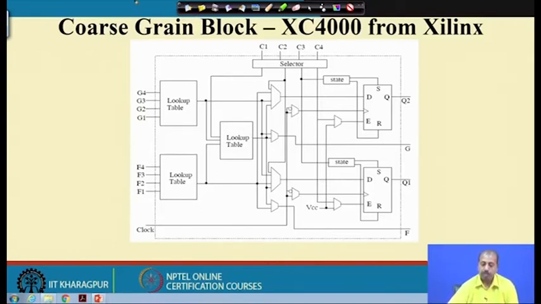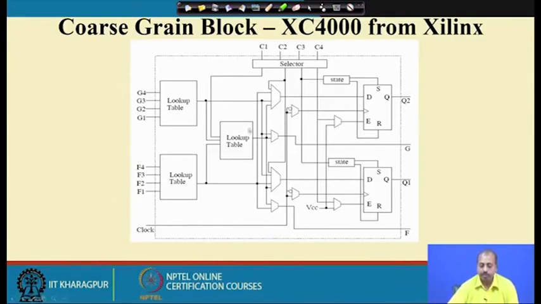Okay. So, after the basic combinational logic function that we can have, we see that there are other elements. For example, there is a multiplexer here, and from this multiplexer you can either pass one of these lines through, or you can pass the output of this G lookup table, or the output of this F lookup table.